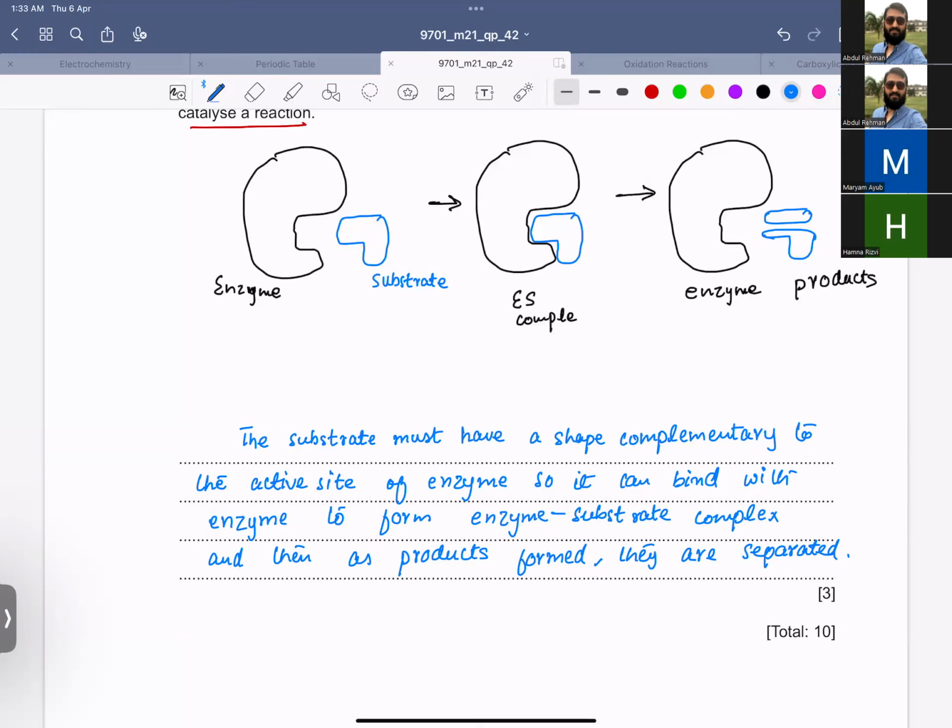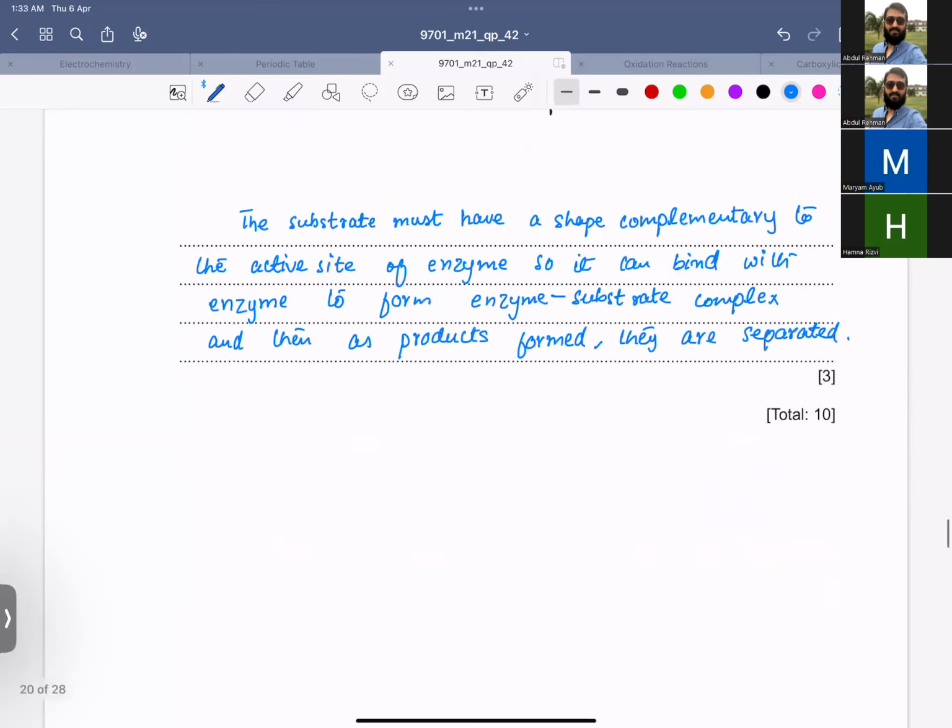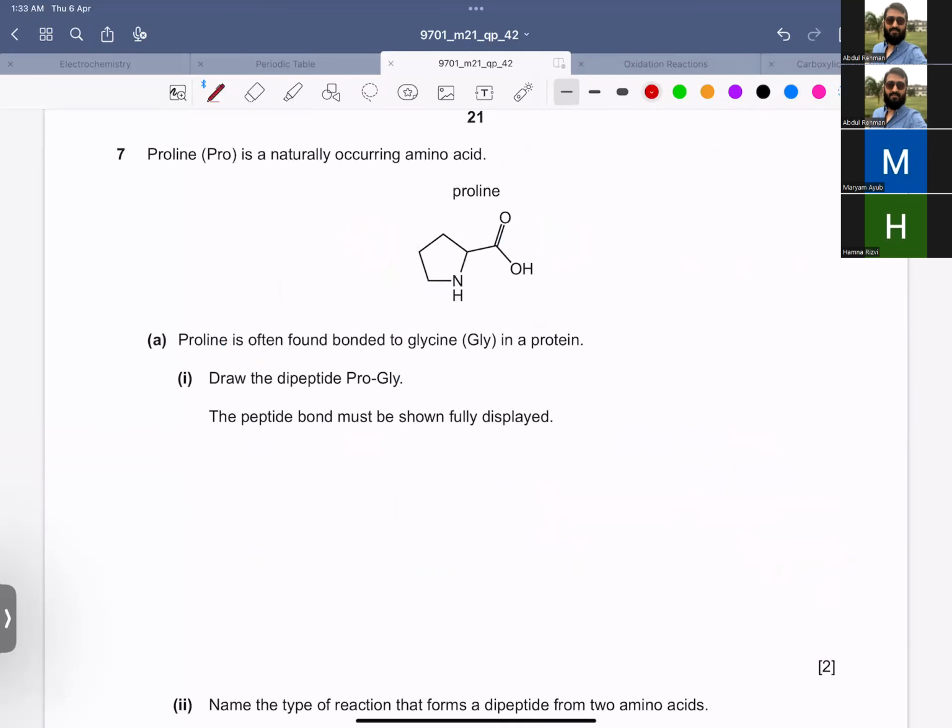Yes, sir. Okay. Now question number 7. Proline, PRO, is a naturally occurring amino acid. Proline is often found bonded to glycine in protein. Draw the dipeptide proline and glycine. In the previous data booklets, we have the structures of the amino acids in them. But in the new data booklet or data sheets that you are going to be provided in the exam, you do not have those.